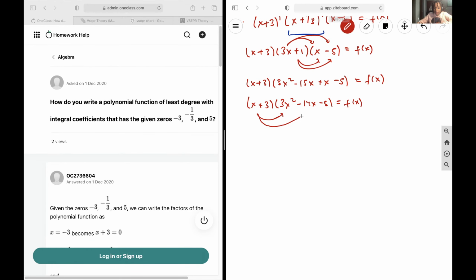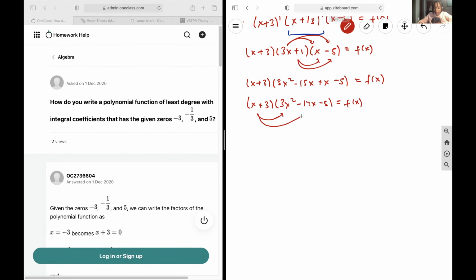So x by all of them, followed by 3 by all of them. So that will become 3x³ - 14x² - 5x + 9x² - 42x - 15. And this is going to be our f(x).